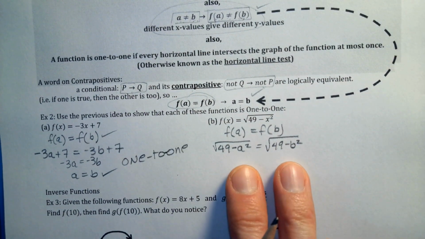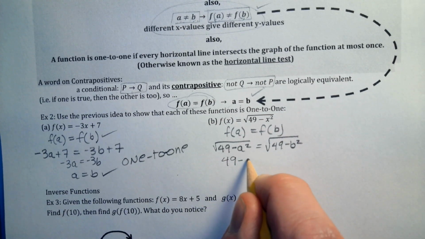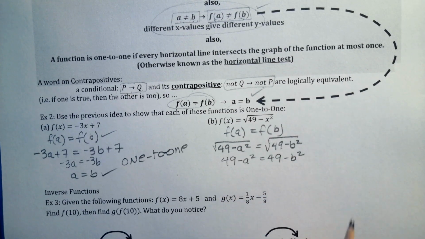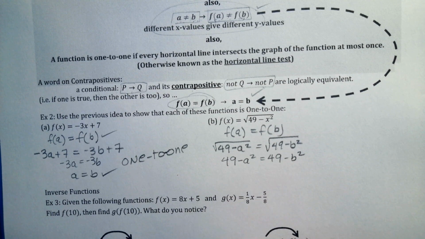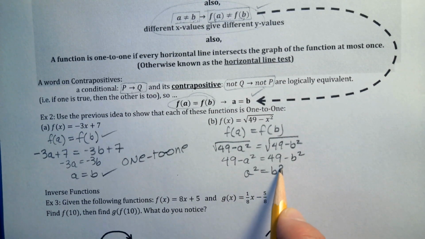All right, so we could square both sides. 49 minus A squared equals 49 minus B squared. We could subtract 49 from both sides, and then multiply through by negative 1. So eventually you're going to get A squared equals B squared.